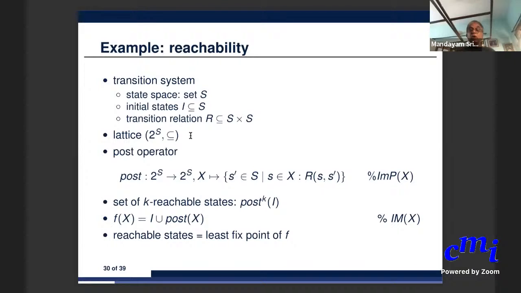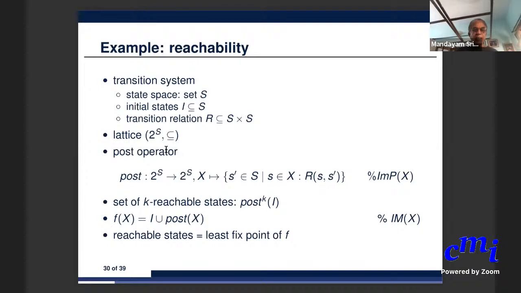And we will see how the set of all reachable states, that's what I mean when I say reachability, can be characterized as the least fixed point of a suitably defined function over this partially ordered set, the complete lattice, whose elements are the subsets of the universe, the set of all states, under set inclusion. We have already seen that example earlier.